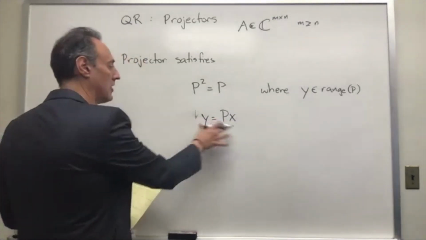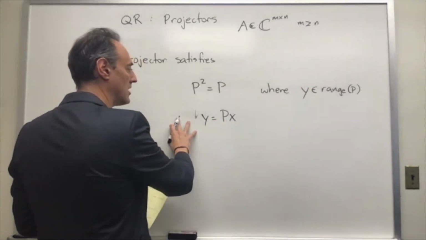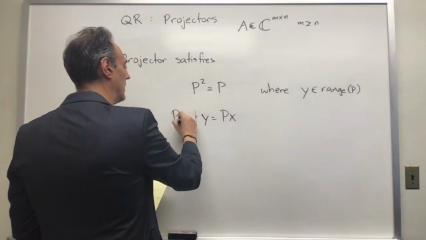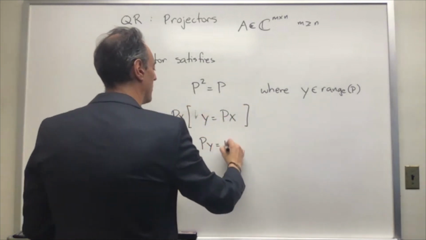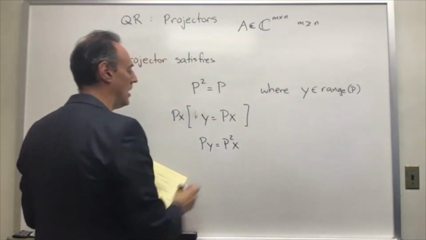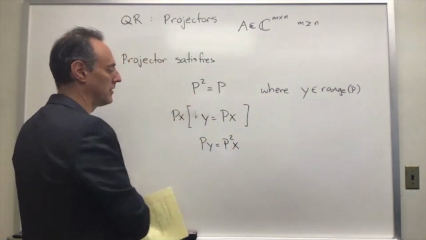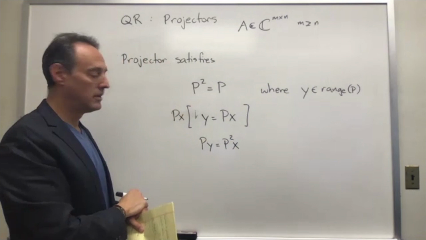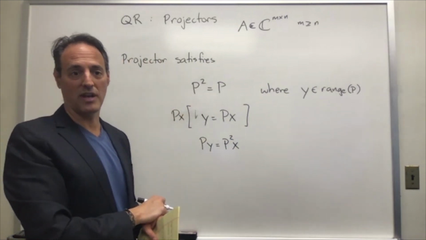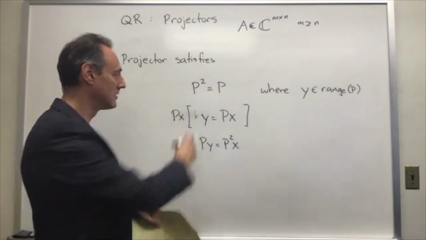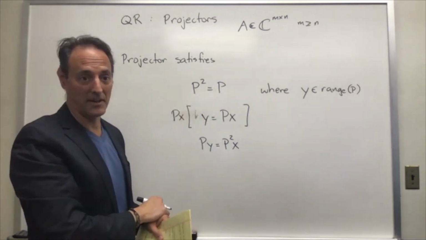Now if I take this equation and hit it on both sides by P, I get Py is equal to P squared X. But the property of a projector is that P squared is equal to P. By the way, the simplest projector you can have is the identity, because you have that nice property there.